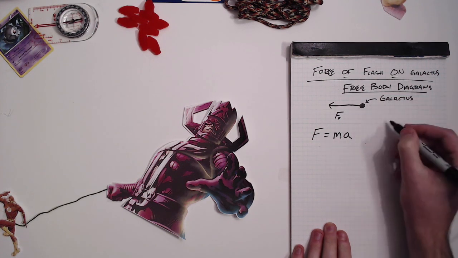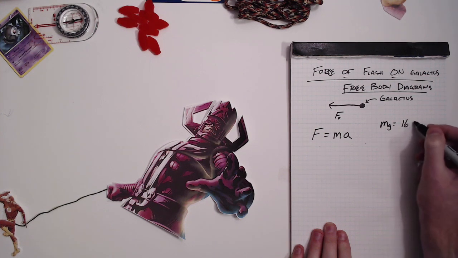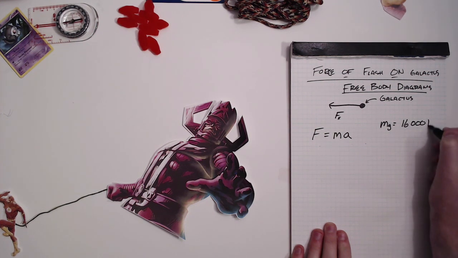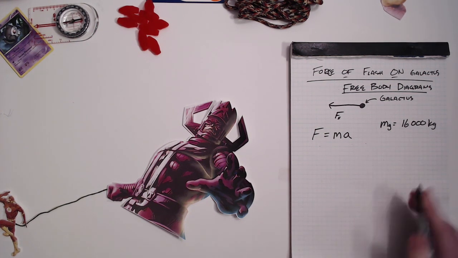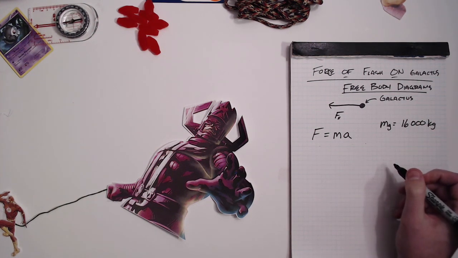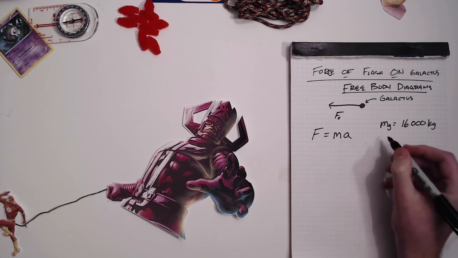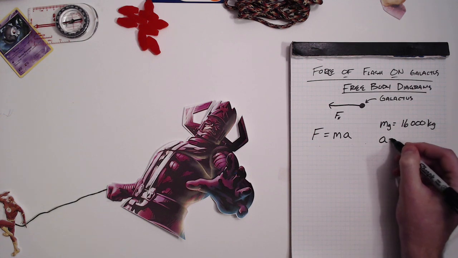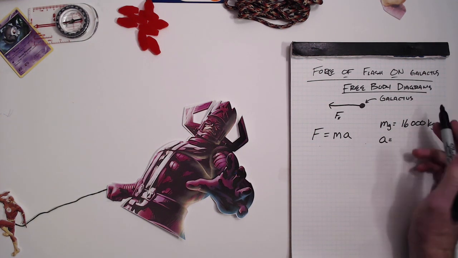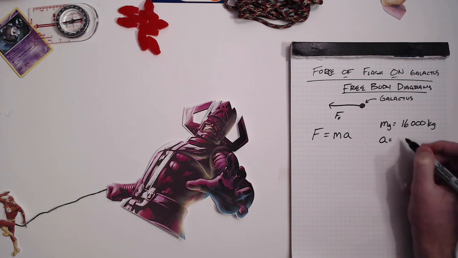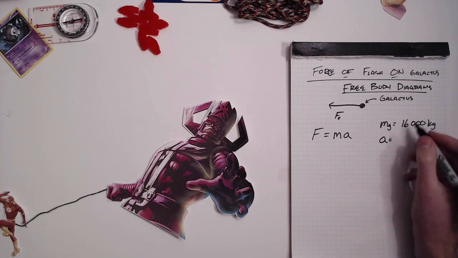So I've looked up the mass of Galactus for you, and that is 16,000 kilograms when he's in his smaller form. And I've also calculated the acceleration of the Flash. From a video that I watched online, he can go from 0 to light speed in about a minute.